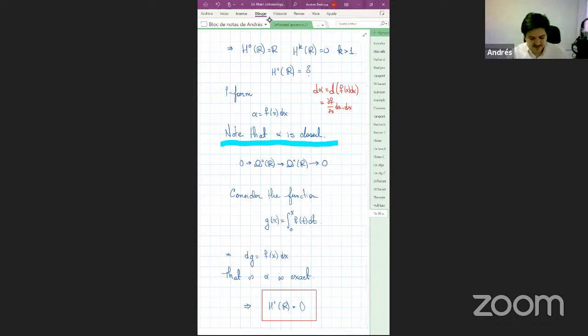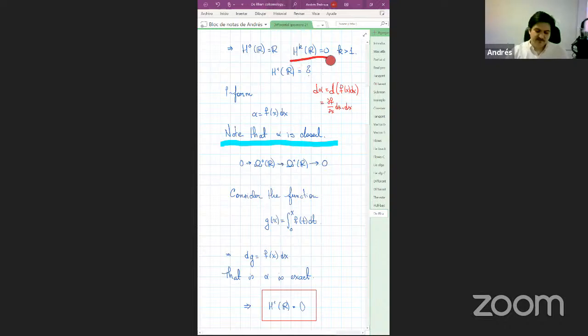Okay, so is this clear? So now we know the whole cohomology of the reals. In degree 1, we just computed that, which is 0. In degree 0 it is R, because it is connected.